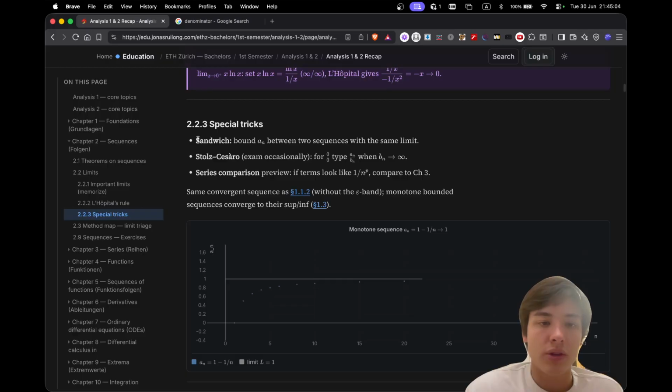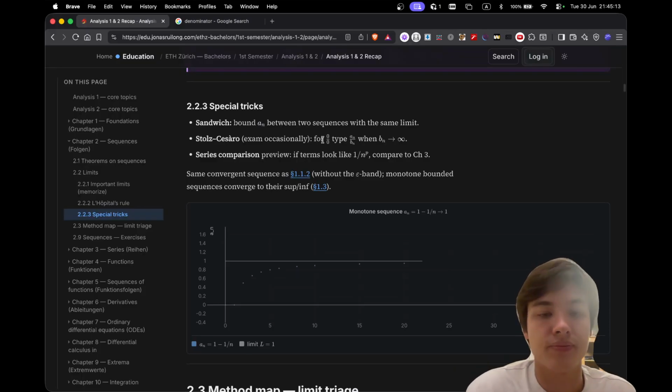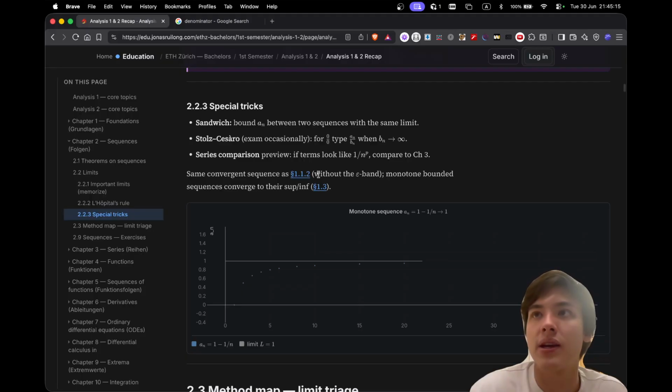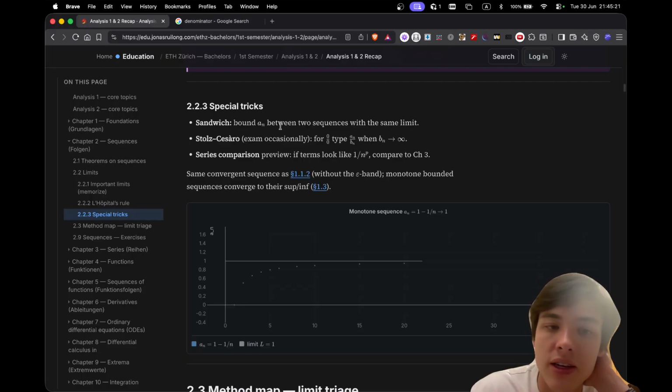Special tricks, what do we have? We have sandwiches. If an is bounded by 2 other sequences with the same limit, then we know what the limit of an is, if the other 2 are easier to calculate.